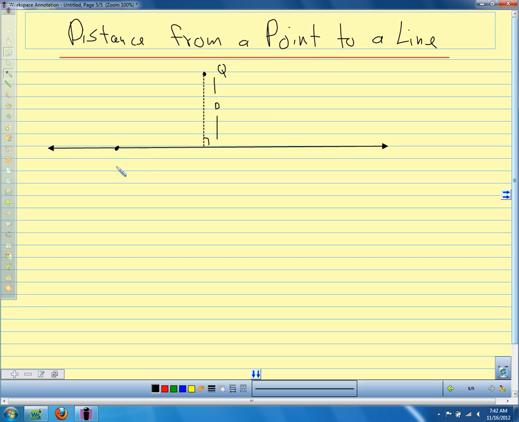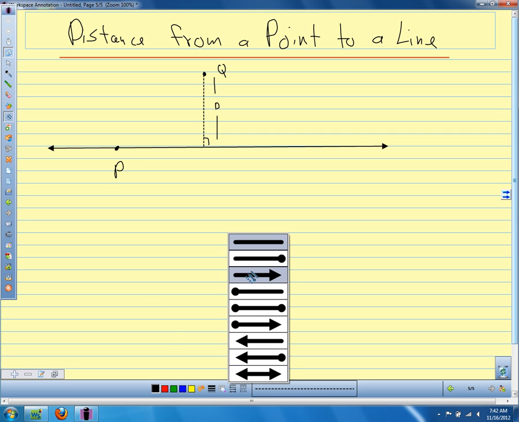Let me draw a point. Here, we're getting on the right track. So, yes, it has something to do with the cross product. So here's my point P on my line. Let's connect point P and Q. Let's make a vector from P to Q.